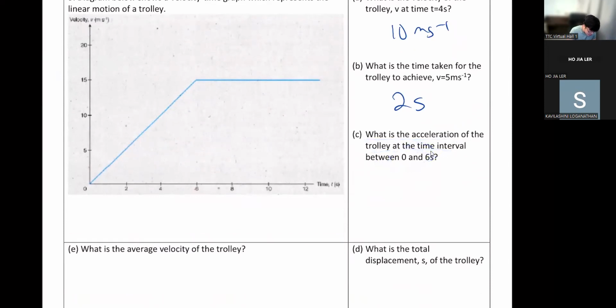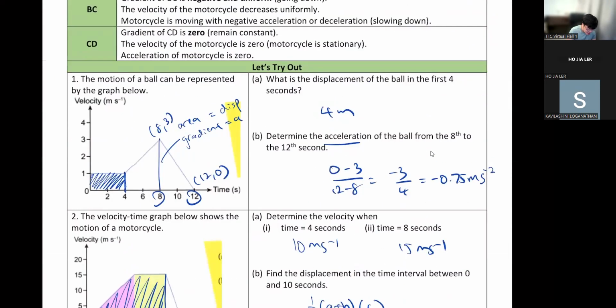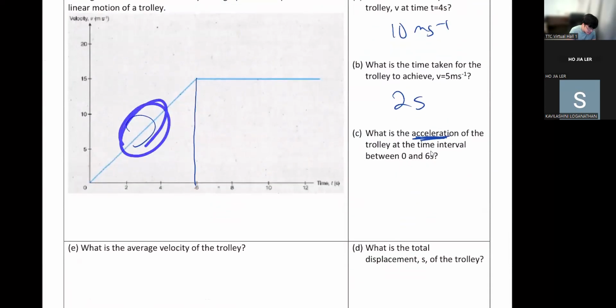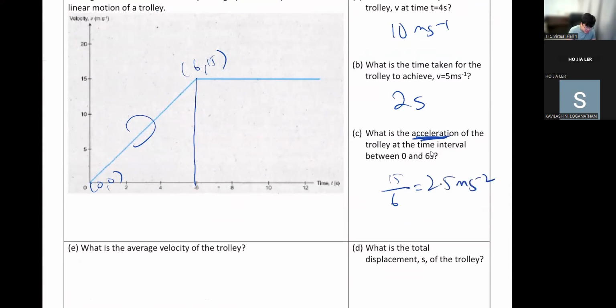Acceleration is the gradient. So we want this gradient here. This is 6, 15 and 0, 0. So 15 divided by 6, you get 2.5 meter per second squared.